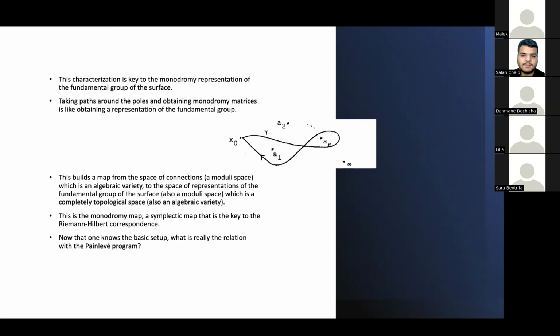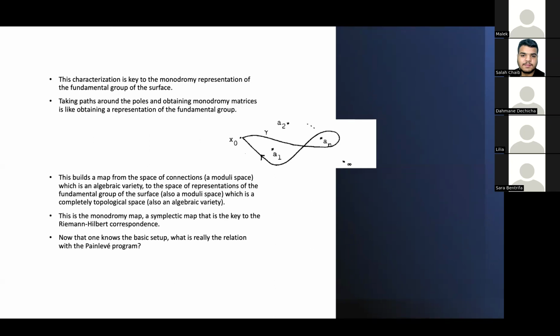And this builds a map from the moduli space of connections, which I'm going to explain a little bit more later when I introduce the definition of a connection, to the moduli space of representations of the fundamental group. It's really a map, called the monodromy map, by the way, from a space that is completely algebraic to a space that is completely topological on the other side.